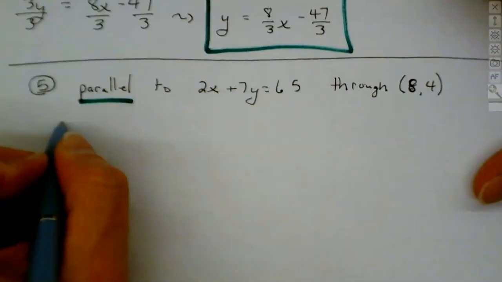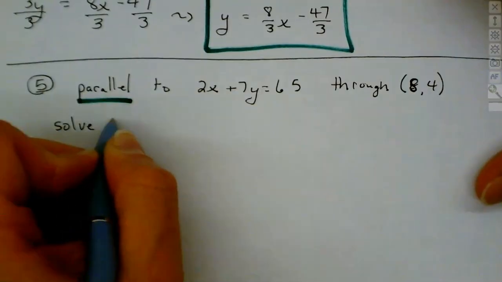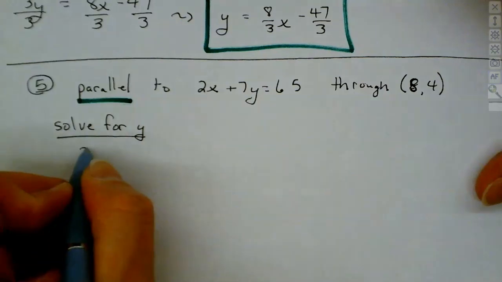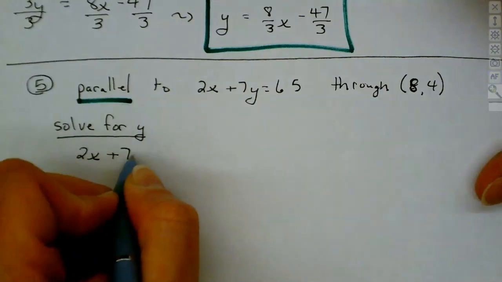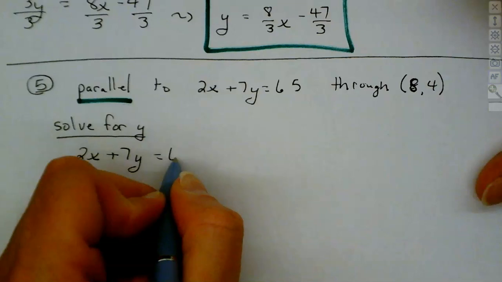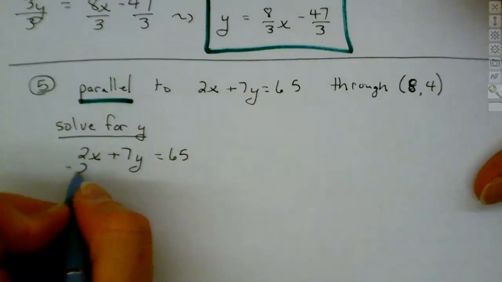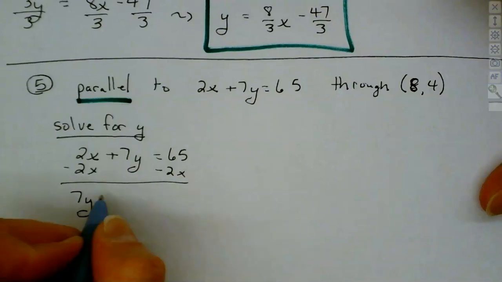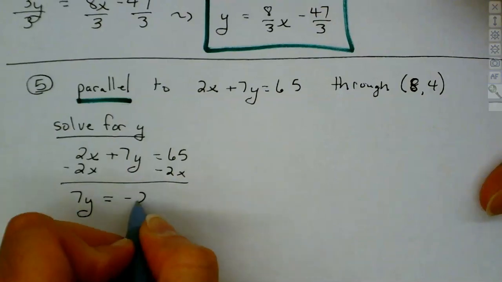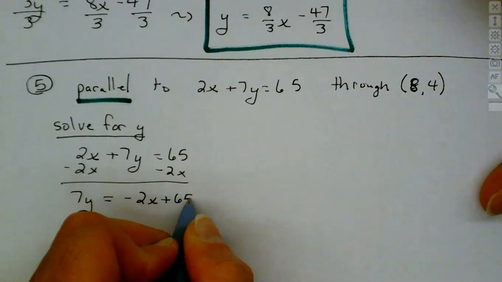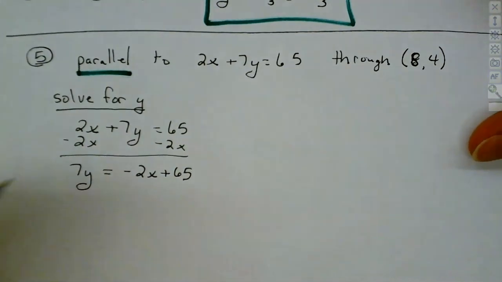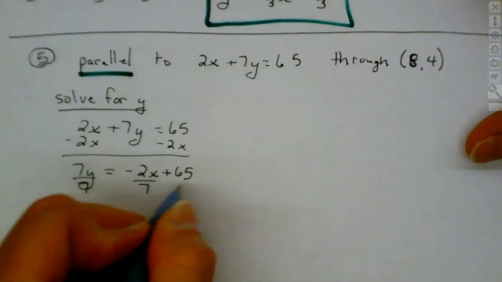So let's take our equation, and let's solve our equation for y. And that is then 2x plus 7y equals 65. We'll move that 2x over. So 7y equals a minus 2x plus 65. Divide by our 7.